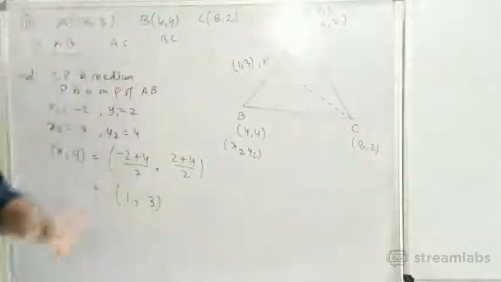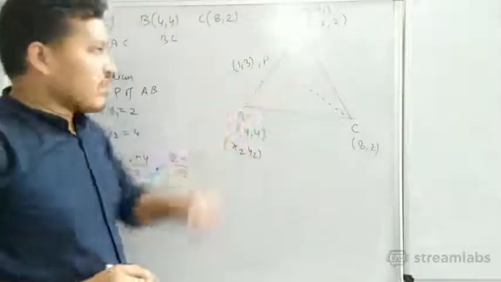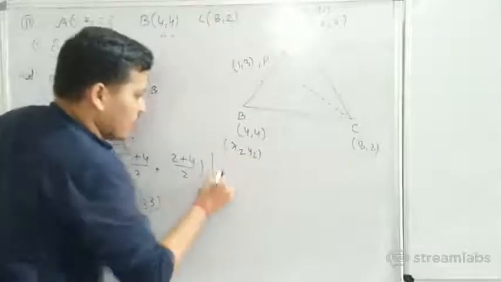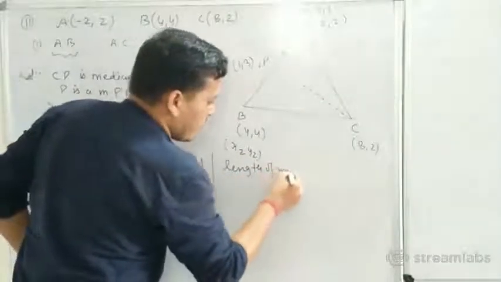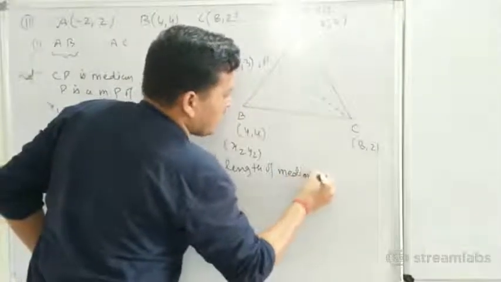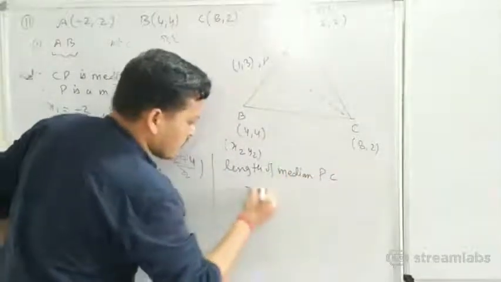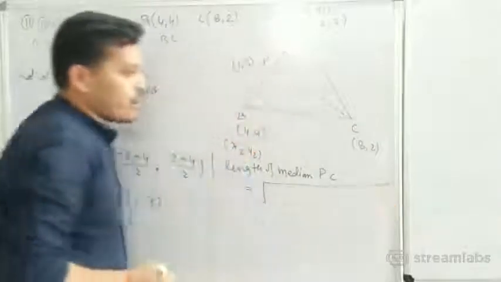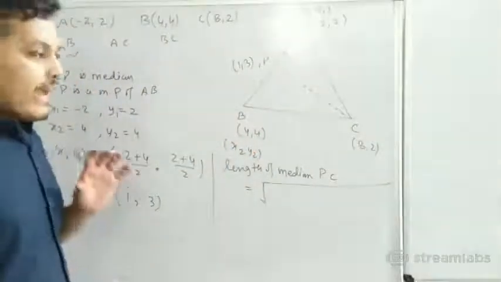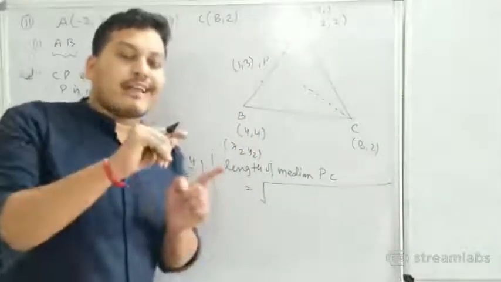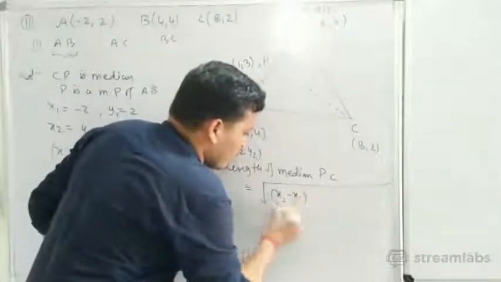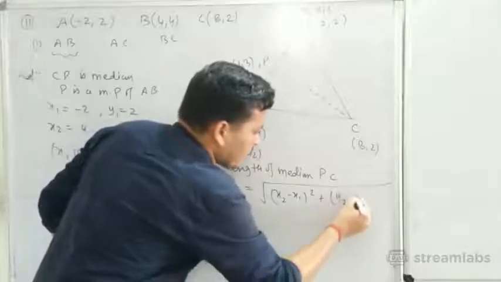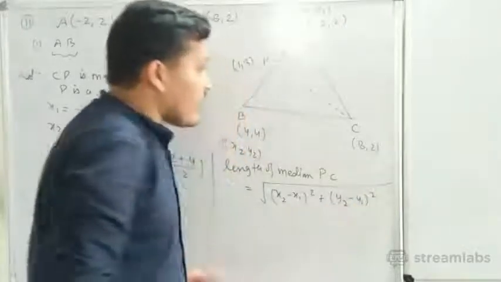The question is to find the length of this median. How can you calculate the length of the median? The length of median PC is equal to, by using the distance formula, root of (x2 minus x1) whole square plus (y2 minus y1) whole square, or you can write x1 minus x2.